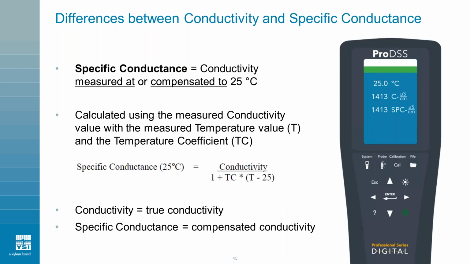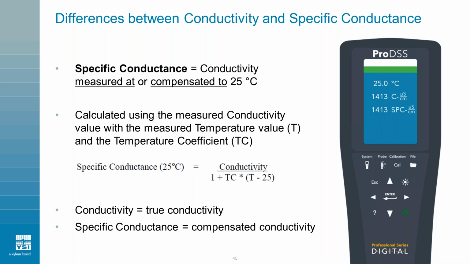As it relates to measurements, specific conductance is conductivity measured at or compensated to a specific temperature. Usually this temperature is 20 or 25 degrees Celsius. The default for YSI sensors is 25 degrees Celsius. Compensation occurs by calculation using the measured conductivity with the measured temperature and the temperature coefficient.